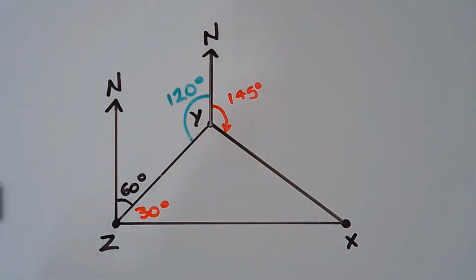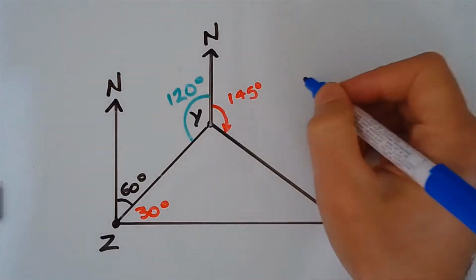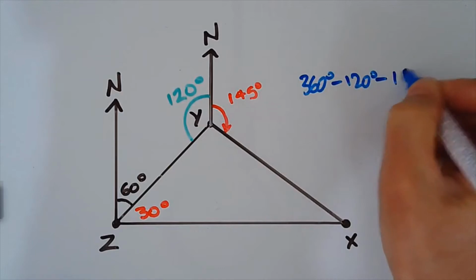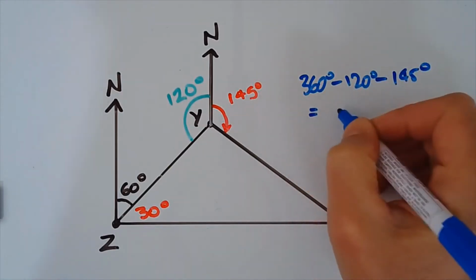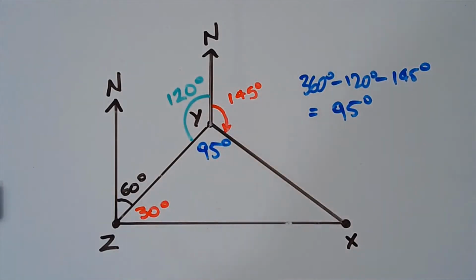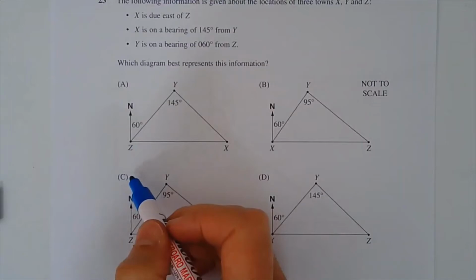So 360 minus 120 degrees minus 145 degrees will give us 95 degrees. And so the correct answer is option C.